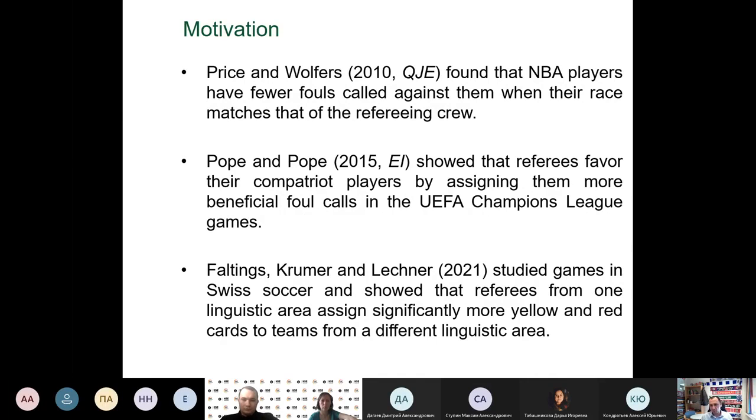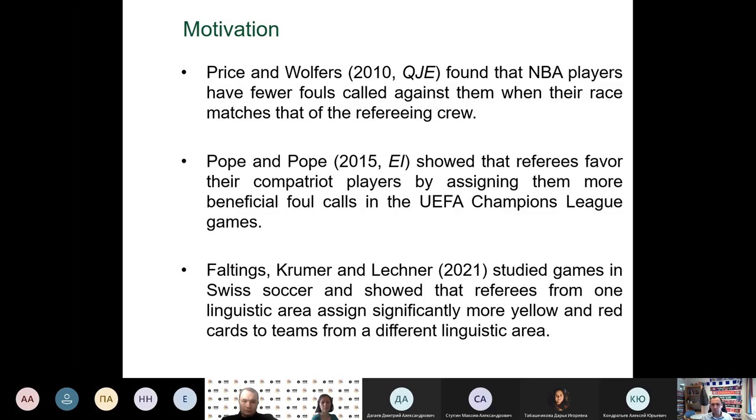Now let's go to some sports studies that showed the same. There was a very nice paper by Price and Wolfers in QJE. They found that NBA players had fewer fouls called against them when they matched the race of the refereeing crew. That was a big scandal after this. Black referees had more fouls against white players, and white referees had more fouls against black players.